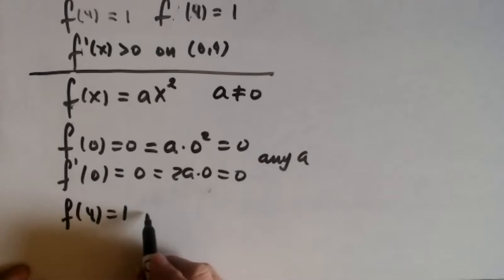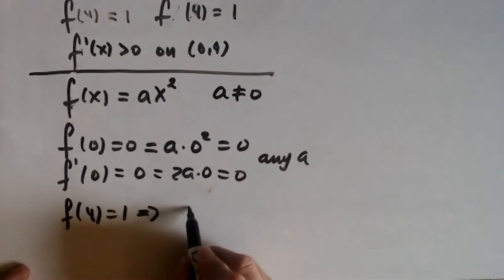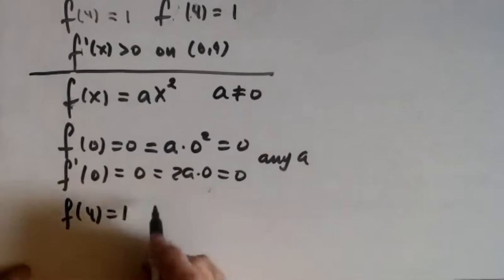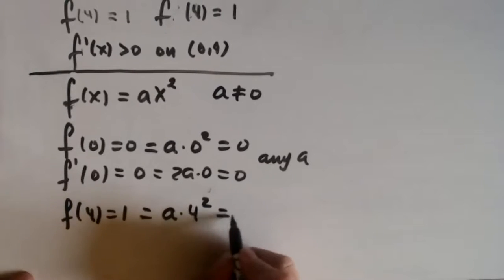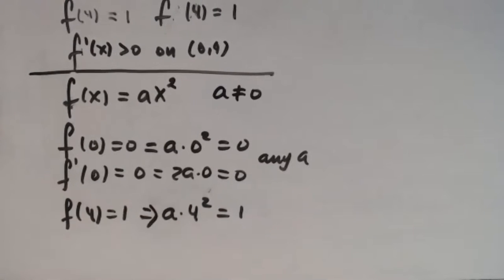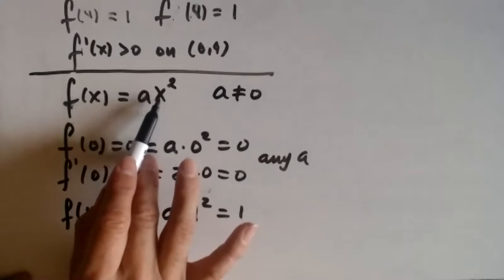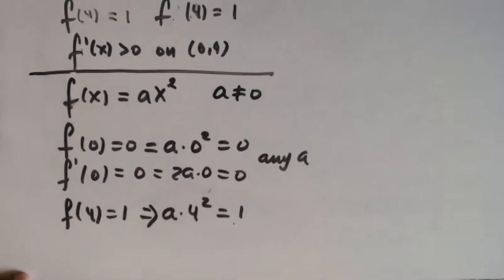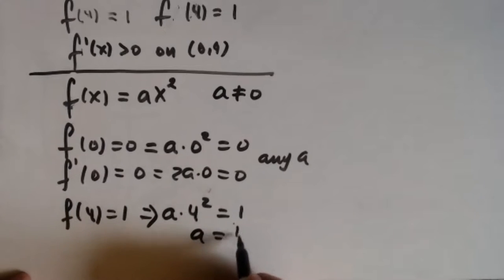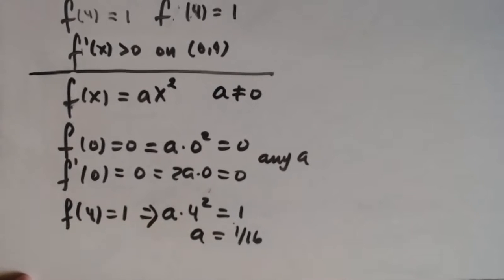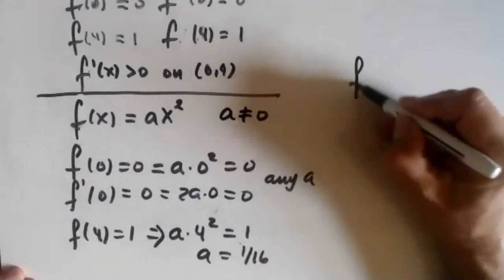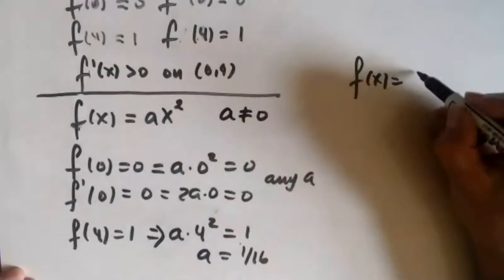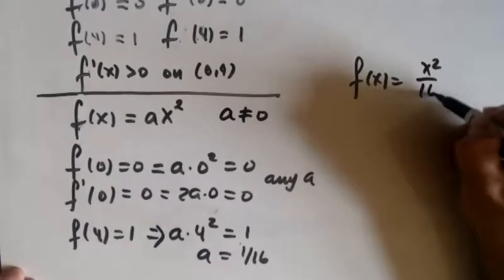So I have a times 4 squared, and this has to be 1, correct? So a is 1 over 16. Now that you determined a, you have f of x equals x squared over 16.